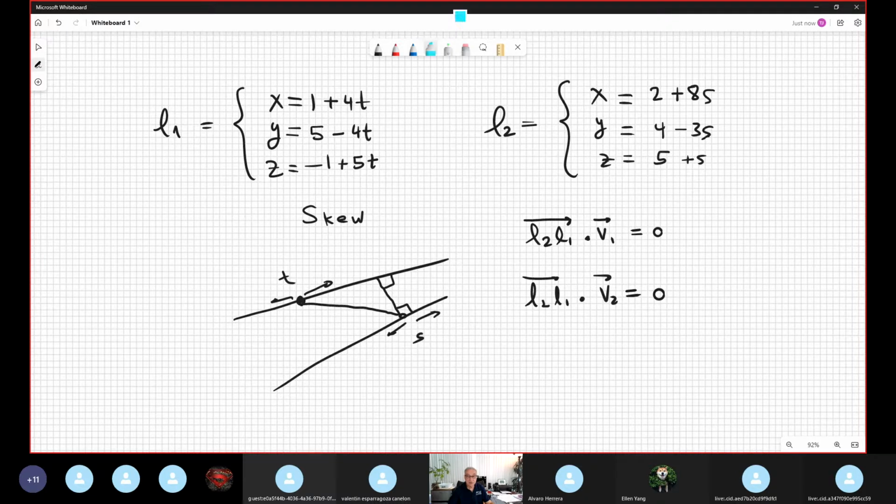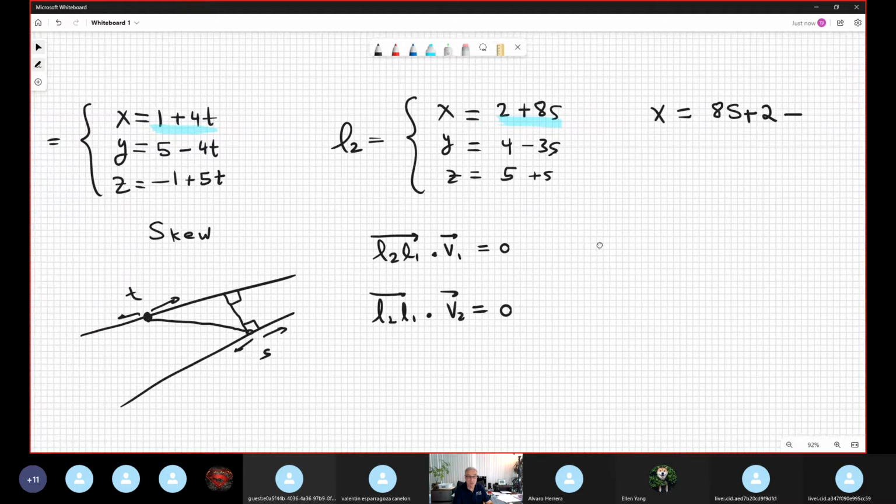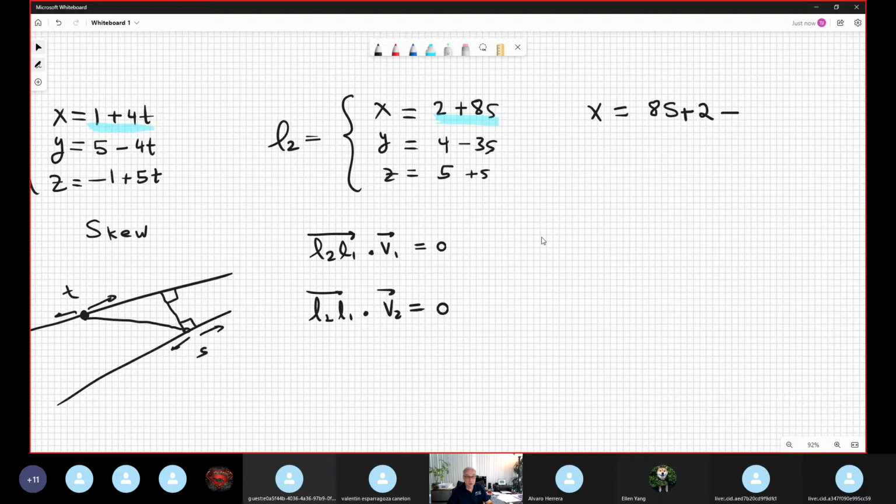You subtract this expression minus this expression. Let's do it. For example, the x component for the famous vector L2L1 is 8s plus 2, minus, because it's the vector between two points, minus that guy, which is -1 and -4t.